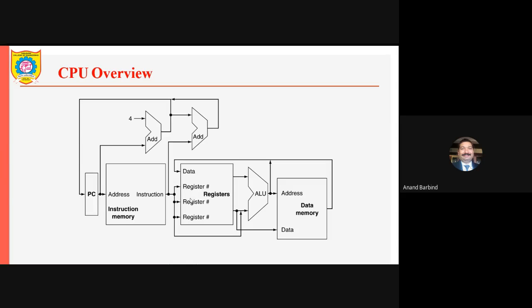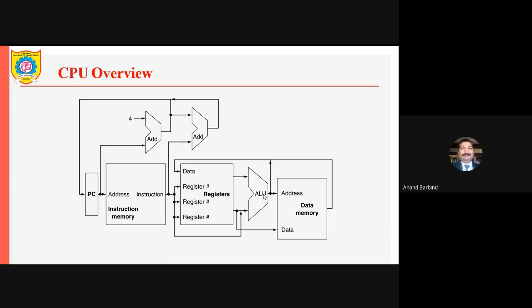So depending on what operations are to be performed, certain registers are selected here, and the ALU performs operations depending on that particular instruction. It may be an arithmetic or logic instruction, and the ALU produces the result.